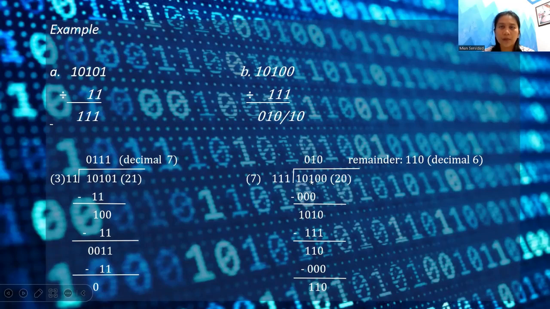1 minus 0 is equal to 0. 0 minus 0 is equal to 0, and 1 minus 0 is equal to 1.